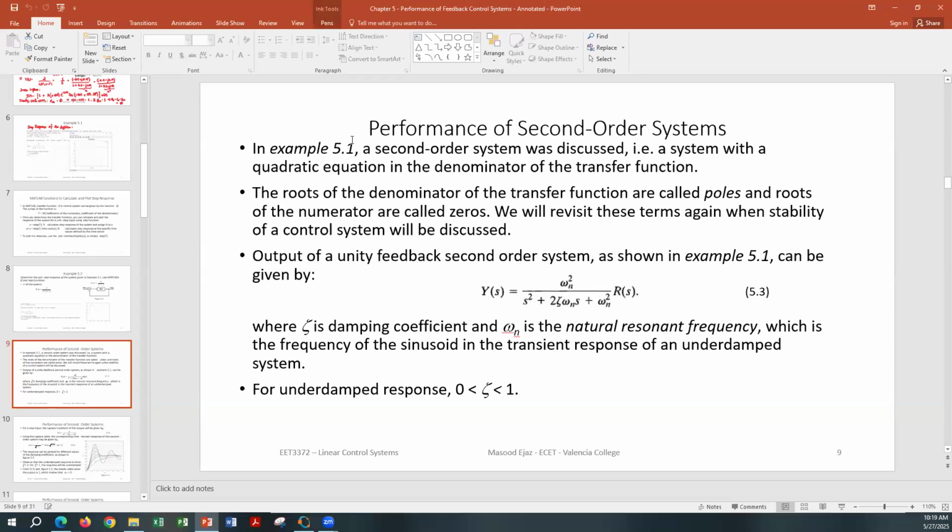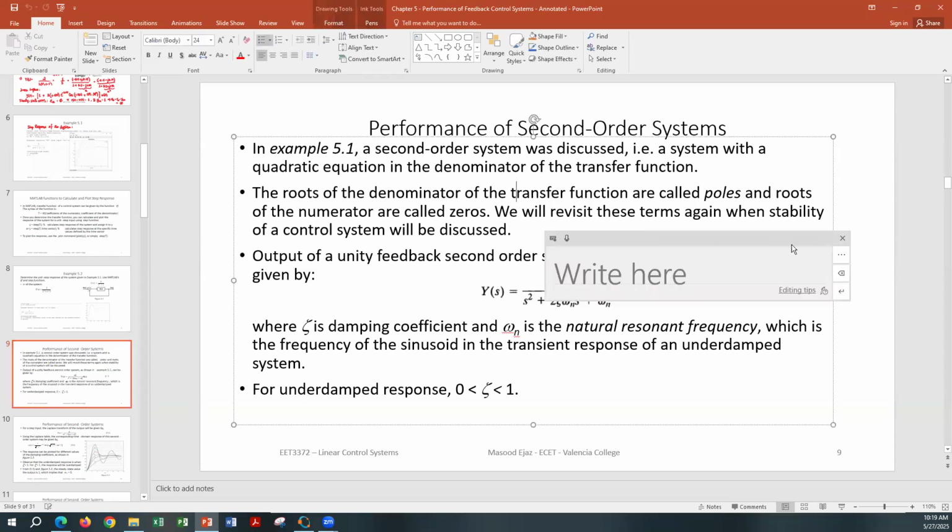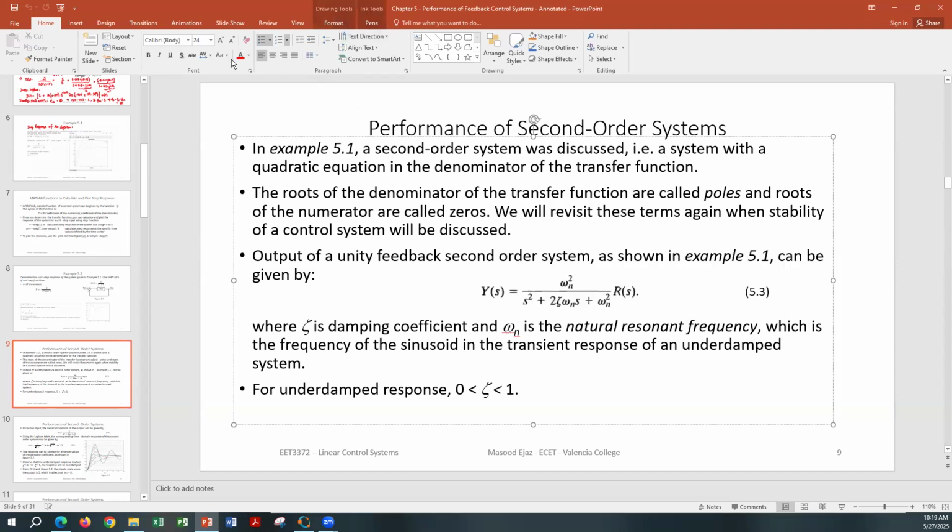So in general, roots of the denominator of a transfer function, we call them poles, and the roots of the numerator, we call them zeros.